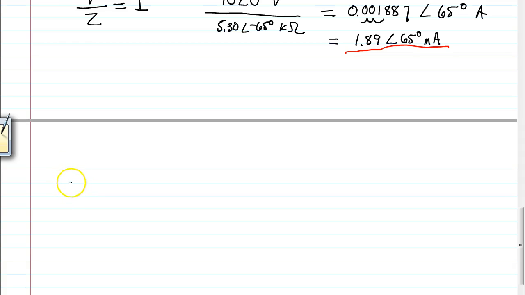All right. We're going to keep working our way through. I'm going to show you the RC lag circuit.